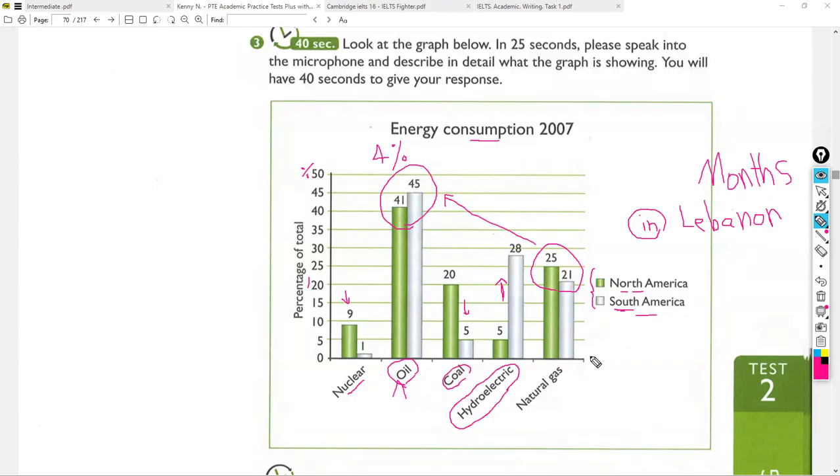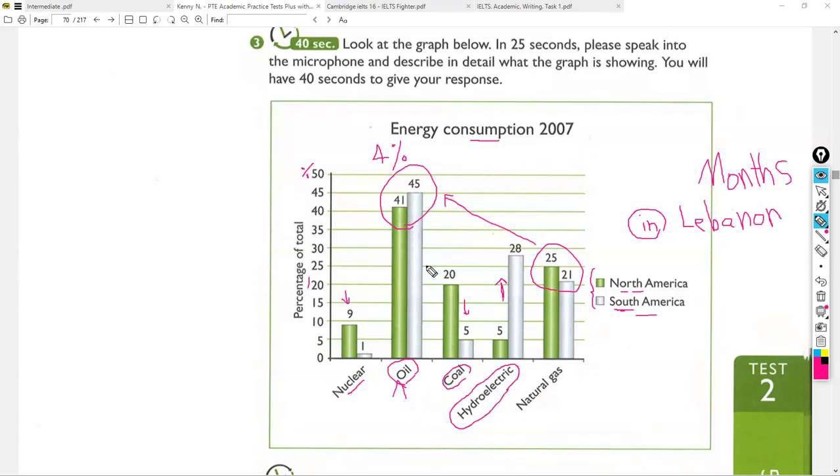Okay? The natural gas in North America is 25%, but in South America it is 21%. Approximately it is the same, or I can say it is a little lower than North America.